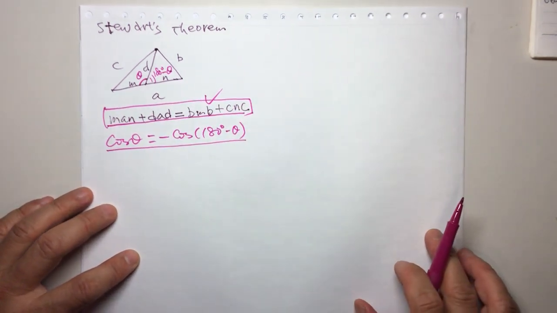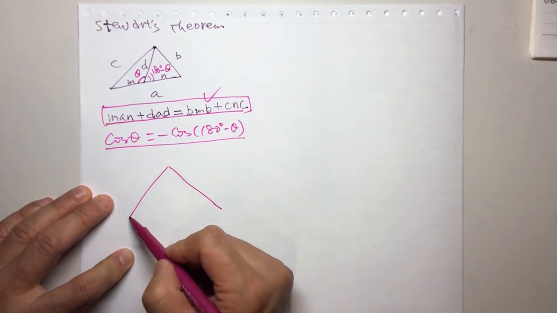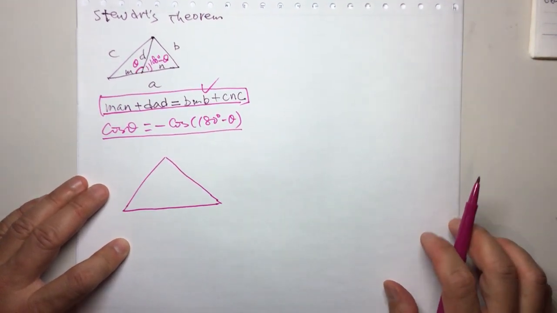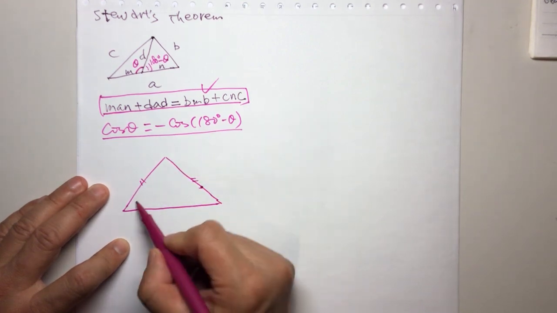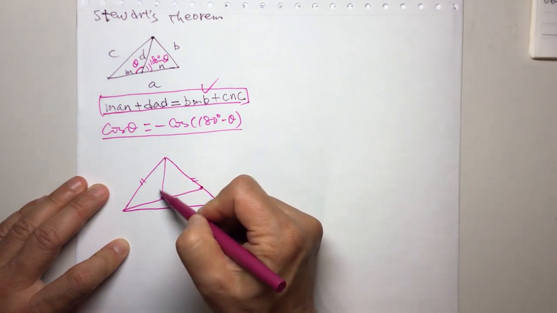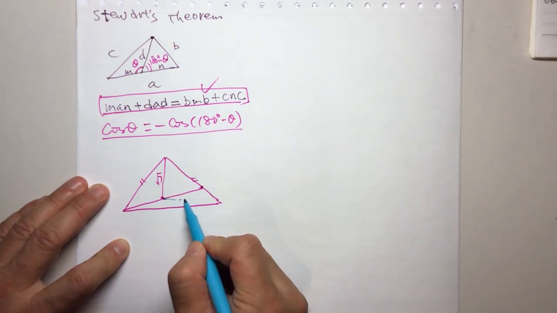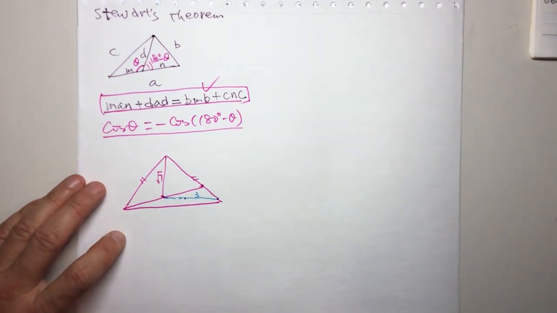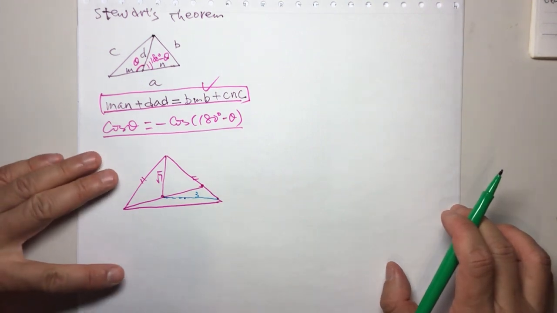So here, I will show you my way to solve this problem. Now, this is an isosceles triangle, and according to the problem, this is the midpoint, and the square root of 7, and this is 3, right? Now we can use Stewart's theorem.